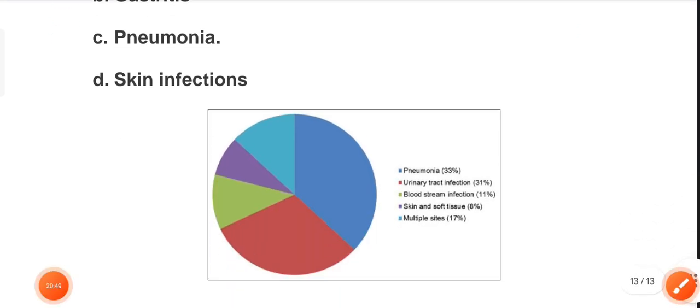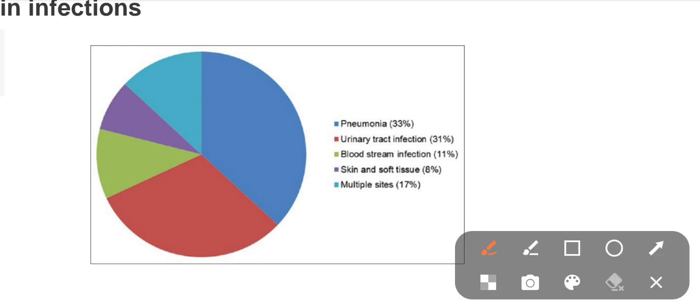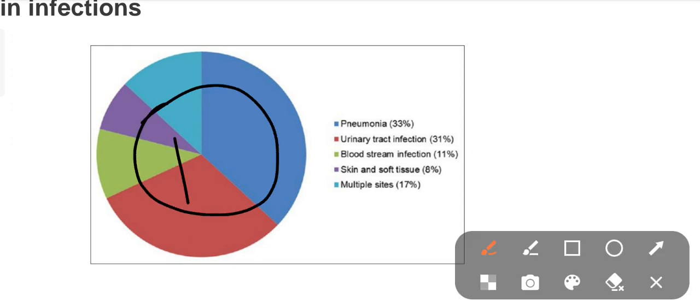Let's see which infections come under nosocomial infections. Here we have a pie diagram. In this we have pneumonia, urinary tract infection, bloodstream infection, skin and soft tissue, and multiple sites.